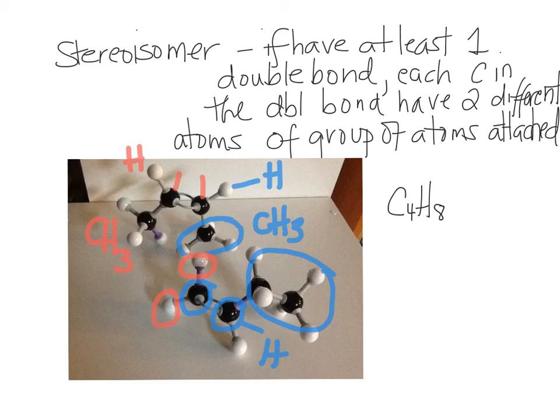So the bottom structure cannot be a stereoisomer because it has a double bond, but one of the carbons does not have 2 different atoms attached to it. It's just a structural isomer of the top structure. The top structure is a stereoisomer. It's showing one of them, and there's 2 possible, and we'll get to name it.